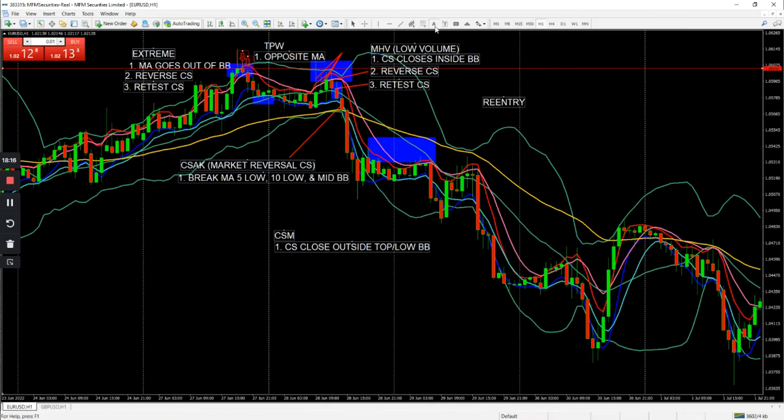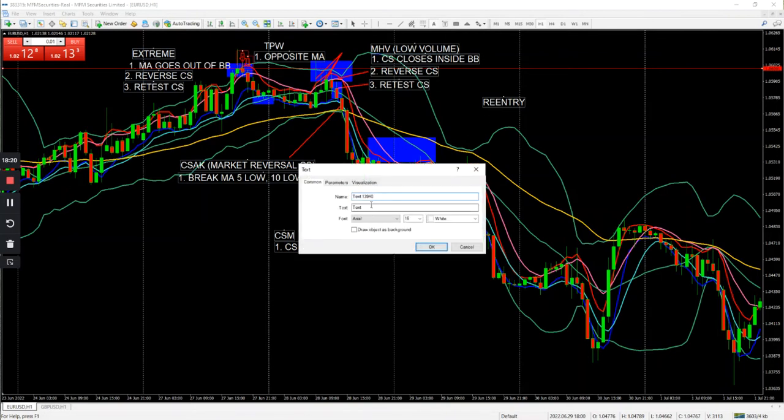The best entry is after the first momentum. That is the full margin entry, and the return is thousands of percent. The CS does not break MA high.